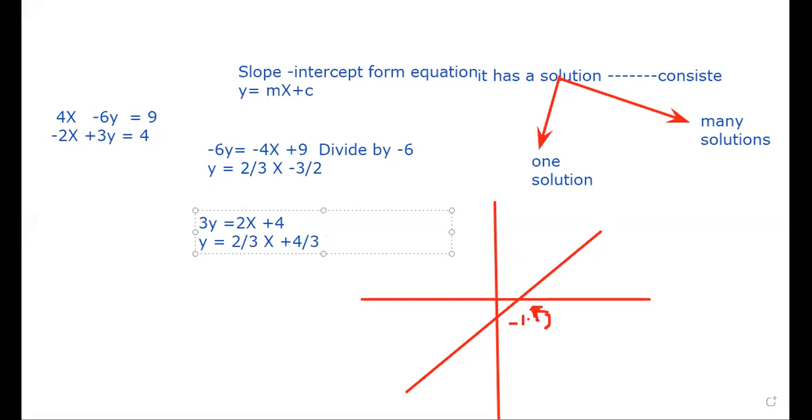In this case, you can note something. For the first equation and second equation, do you note anything about the slope? We rearranged it already into slope-intercept form, and the slope for the first equation is 2/3, and the slope for the second equation is 2/3.